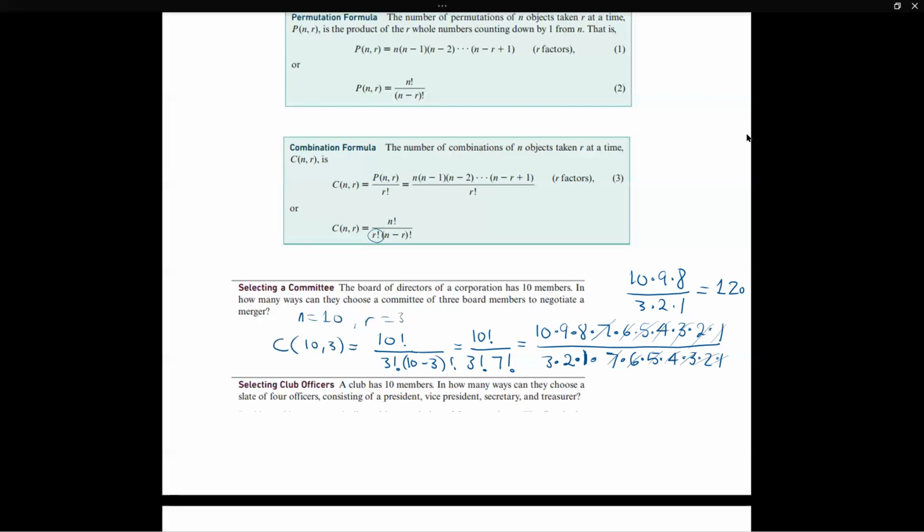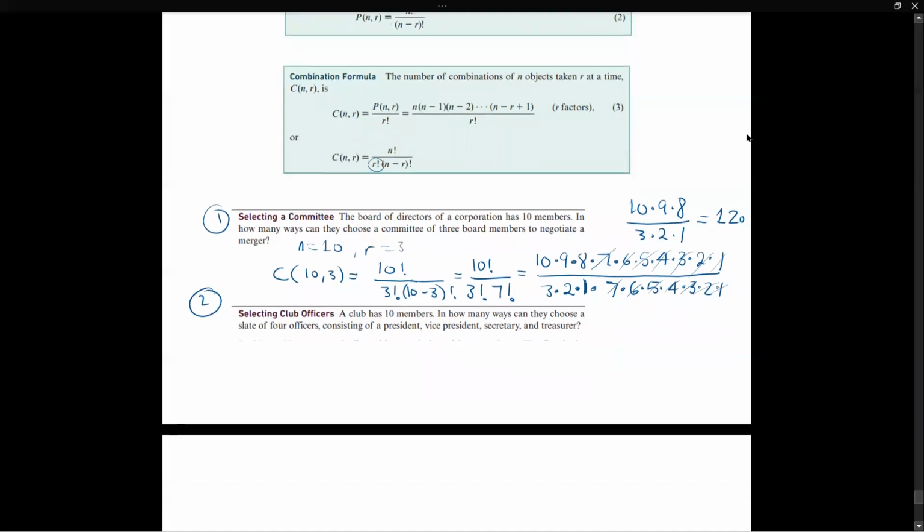You can call this example 1 and this is example 2. Selecting club officers: if there is some type of ranking or some type of order, anytime you have, let's say, a president and vice president, as you see in elections, you have a president, then you select the vice president. You're not going to select the vice president if that president didn't win, for example.